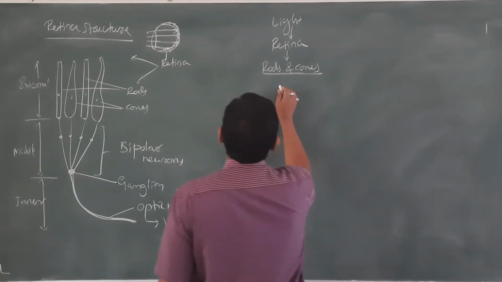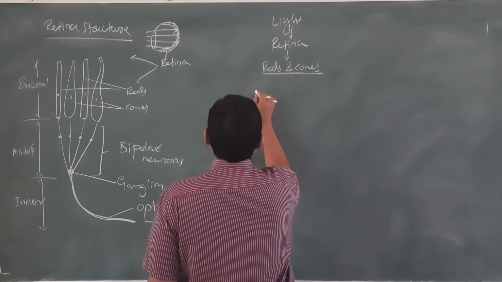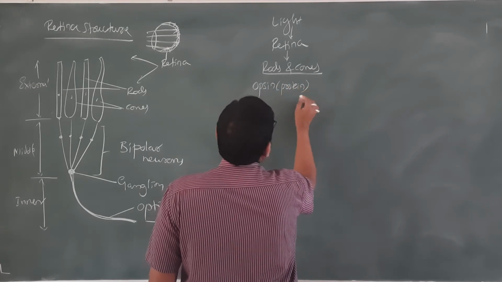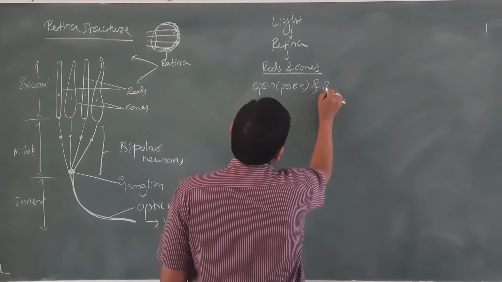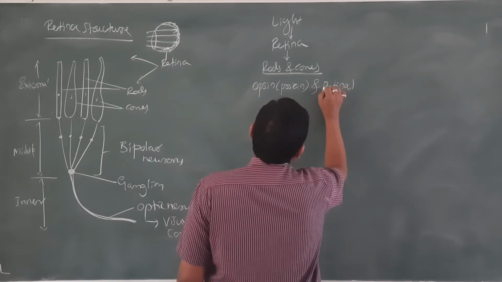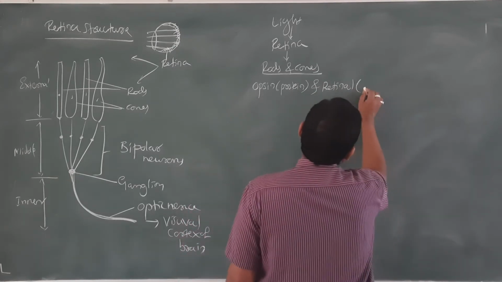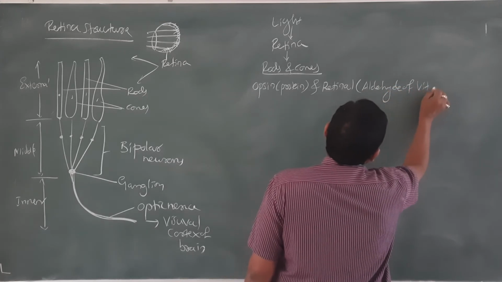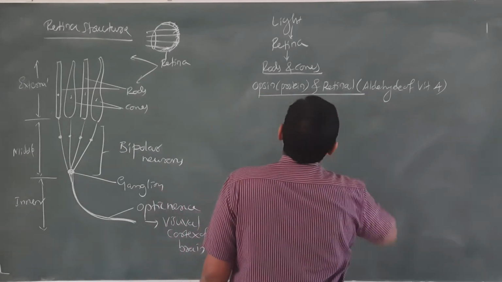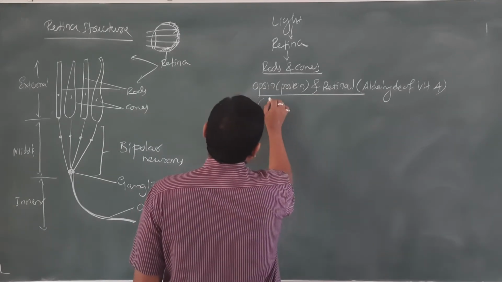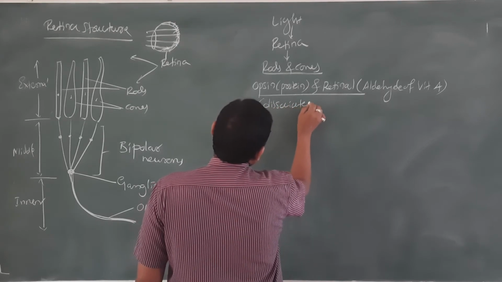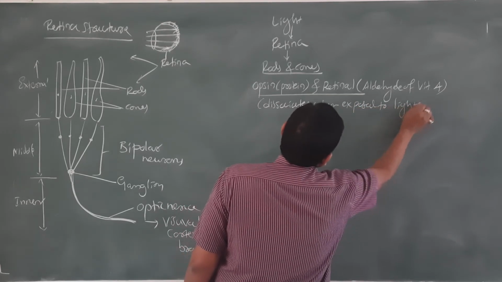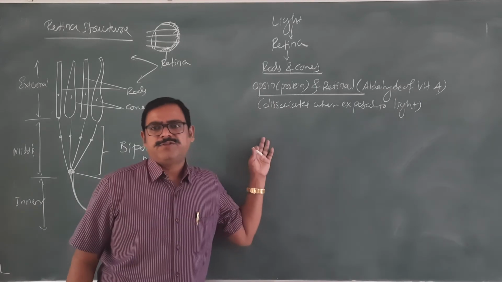They have opsin, which is a protein, and retinol, which is the aldehyde of vitamin A. These two components get dissociated when exposed to light.